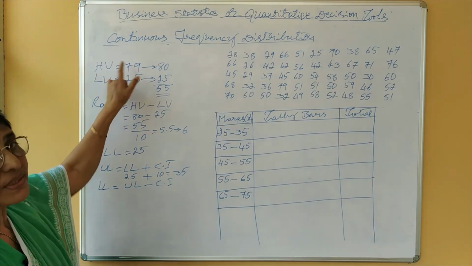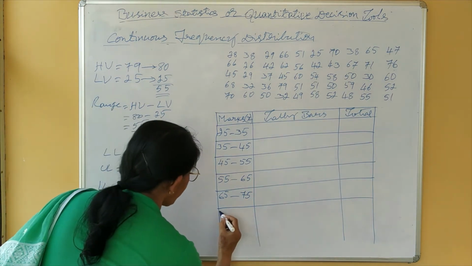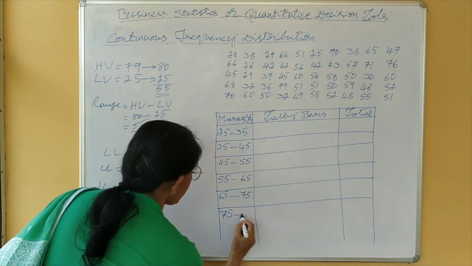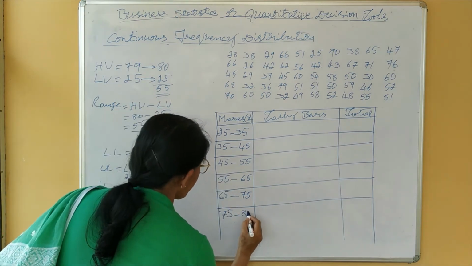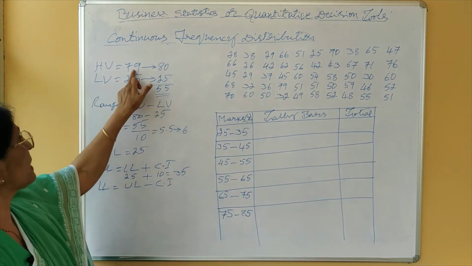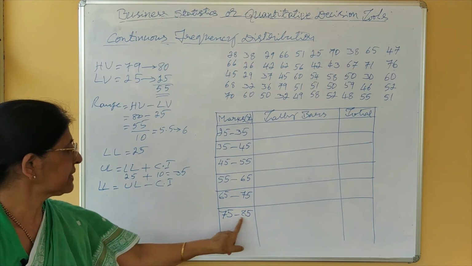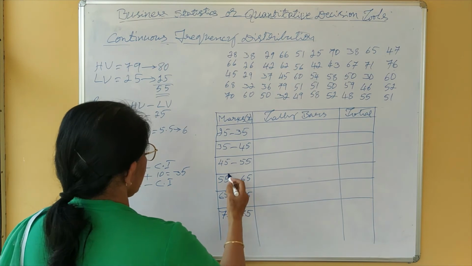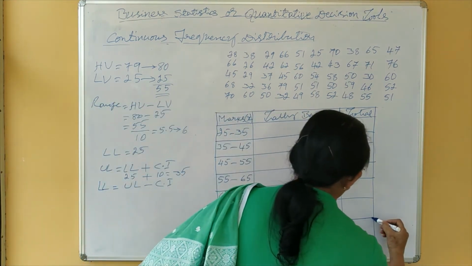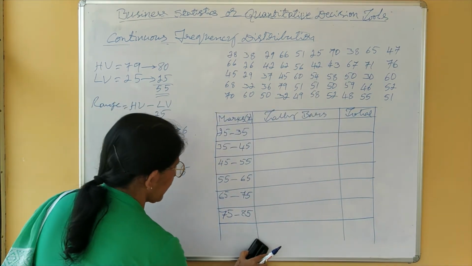Here the highest value is 79. Therefore, we have to take one more class which covers the highest value 79, 75 to 85. Now 79 lies between 75 and 85. Therefore, you may stop the classes at this point. Okay.